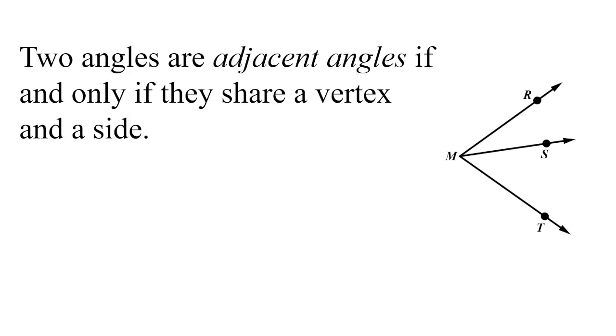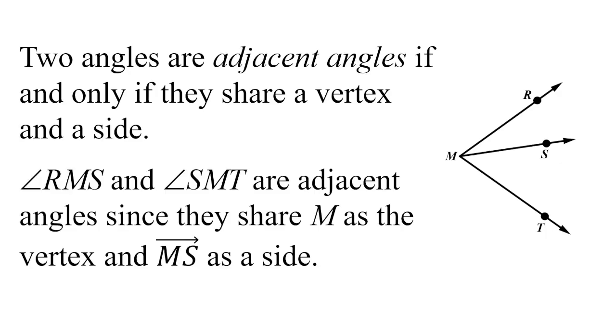Two angles are adjacent angles if and only if they share a vertex and a side. And so as you can see, angle RMS and angle SMT are adjacent angles because they share point M as the vertex and ray MS as a side.